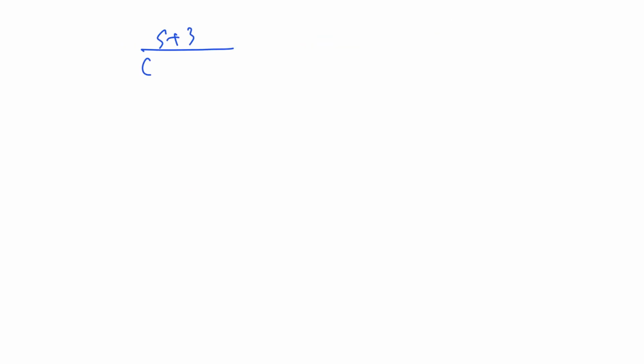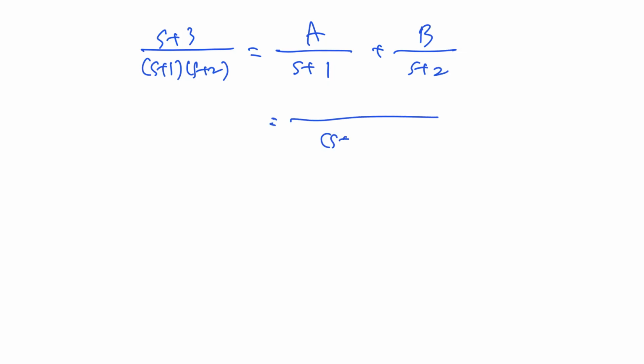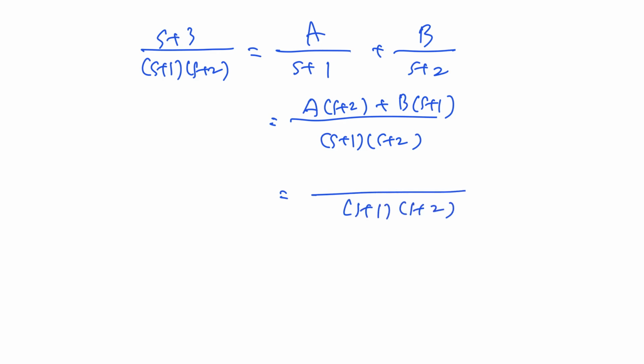s plus 3 over s plus 1, s plus 2 is equal to a over s plus 1 plus b over s plus 2. Same as s plus 1, s plus 2, a times s plus 2 plus b times s plus 1, which is equal to (a plus b)s plus 2a plus b.